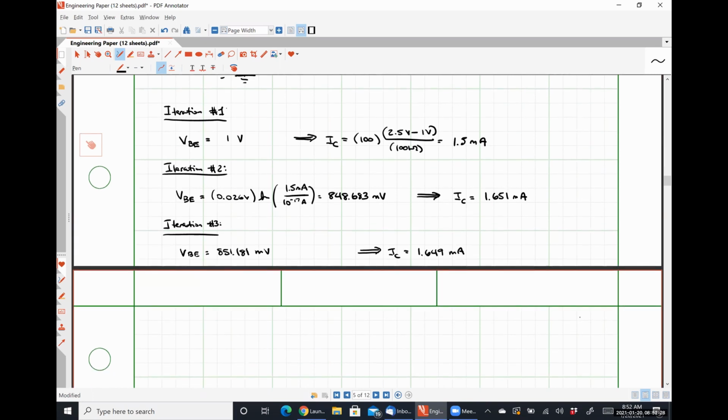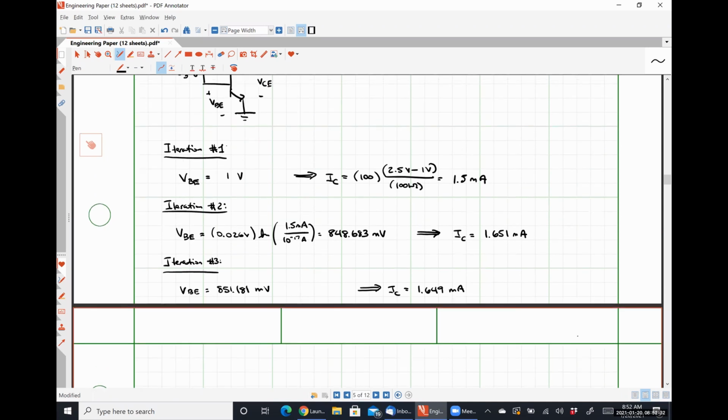All right, so we have determined what our collector current is. We know it's going to be somewhere pretty dang close to 1.65 milliamps. How do we go about calculating VCE to make sure that this guy is in the forward active region? Right.